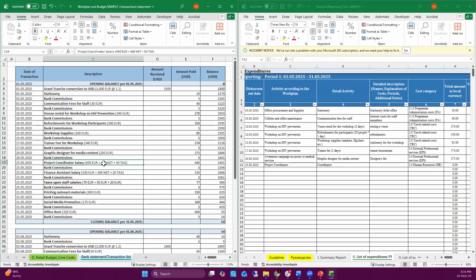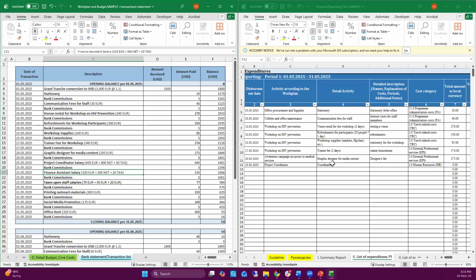Out of this 450, we know that we have to pay 50 euro as tax and 400 as net salary. Out of 320 for the accountant, we have to pay 300 to the accountant and 20 euros for taxes. So we paid them directly 400 euros.